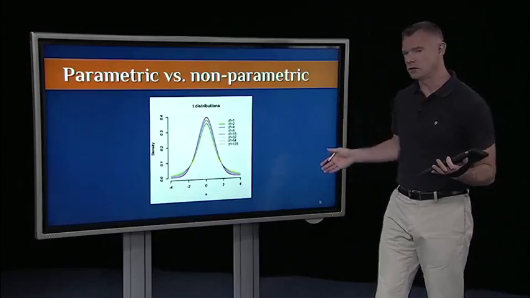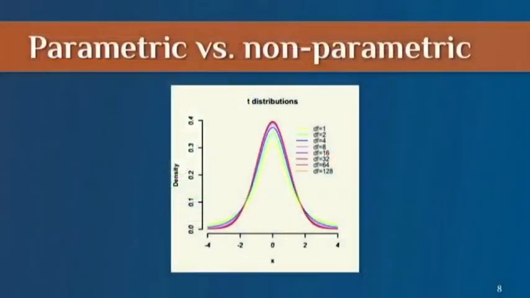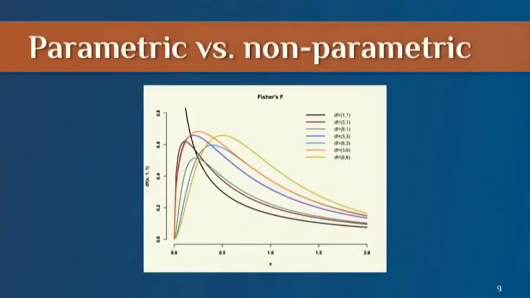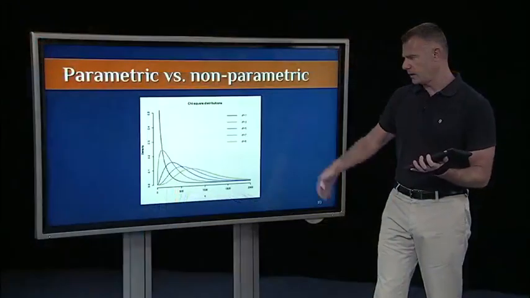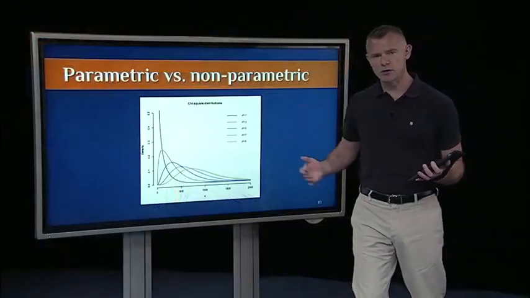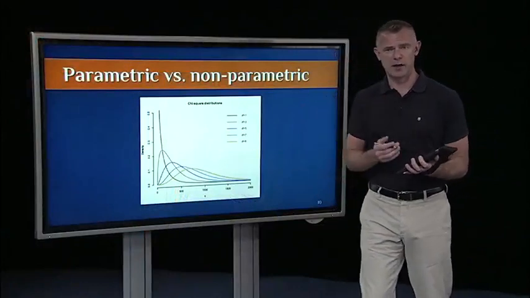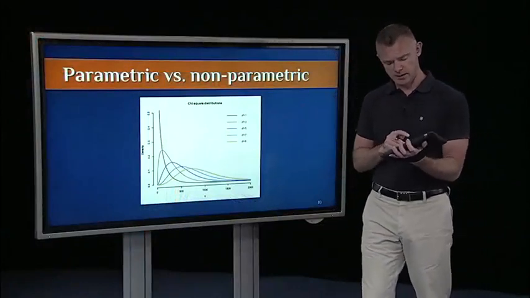It varies as a function of degrees of freedom, where degrees of freedom is a function of sample size. Here's Fisher's F distribution, for ANOVA, where it depended on the number of subjects in a group and the number of groups that we're comparing. And then here are sampling distributions for chi-square that we covered just last week when we talked about the chi-square tests.